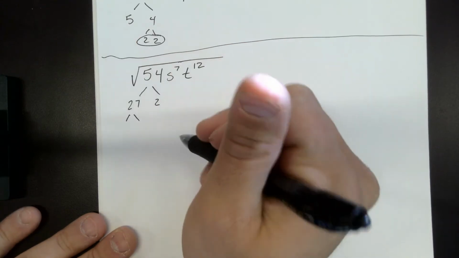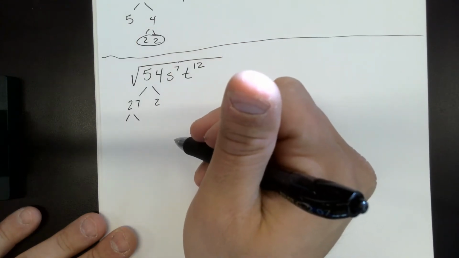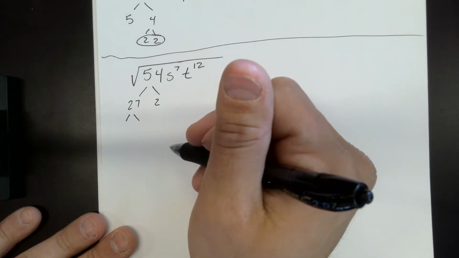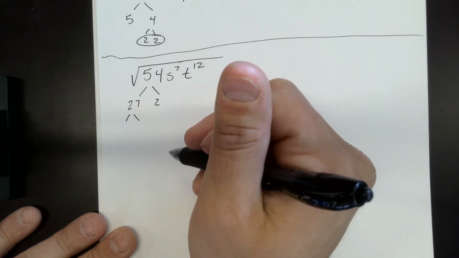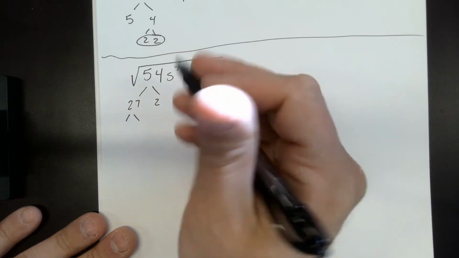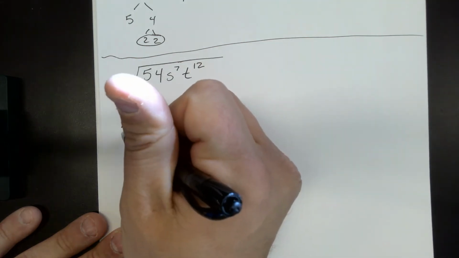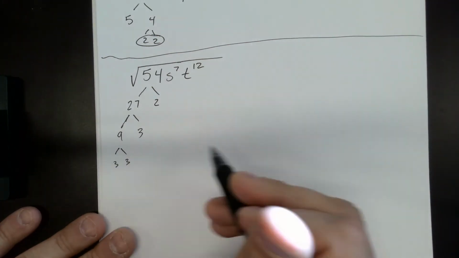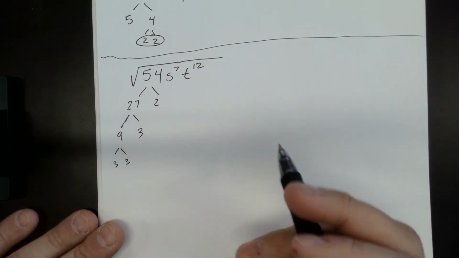What about 27? Kinston, help me. What are two numbers that multiply together to be 27? Okay, what about 9? Okay, so do we have a pair, Kinston? What are they?